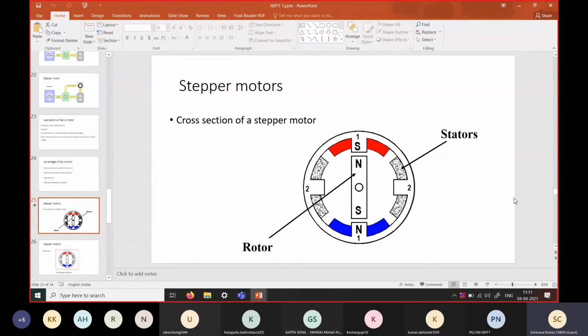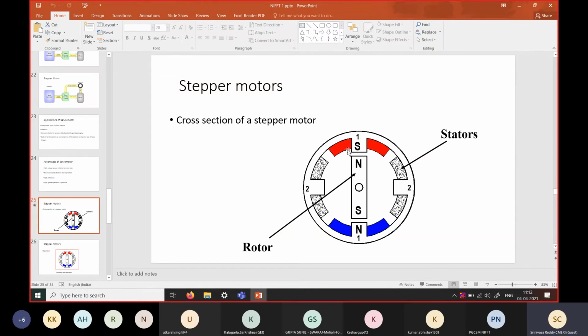Suppose we are printing something in day-to-day life, where the paper moves in steps. Each line, whenever it is printed, will move one line feed like this. For this kind of application, these stepper motors are very useful.